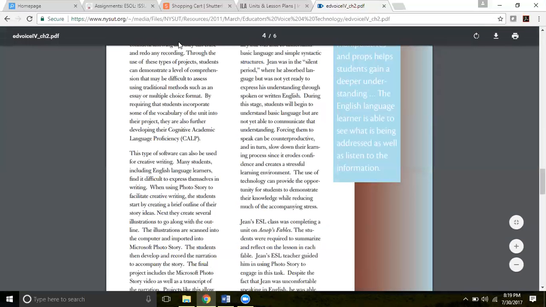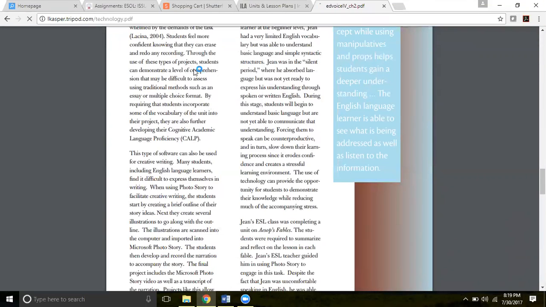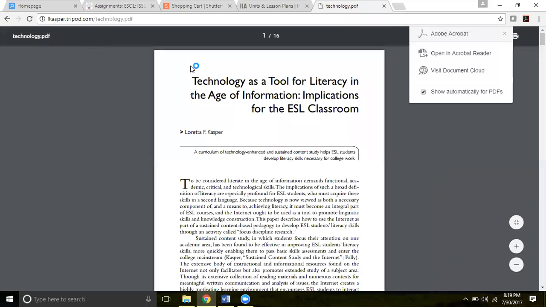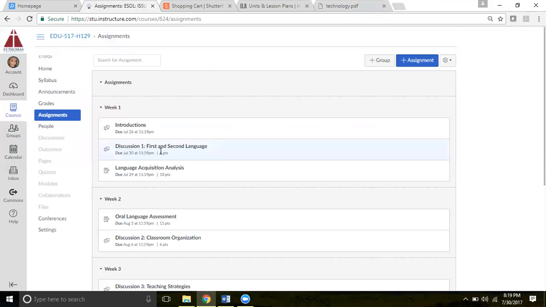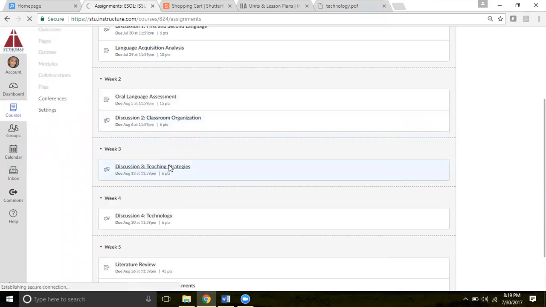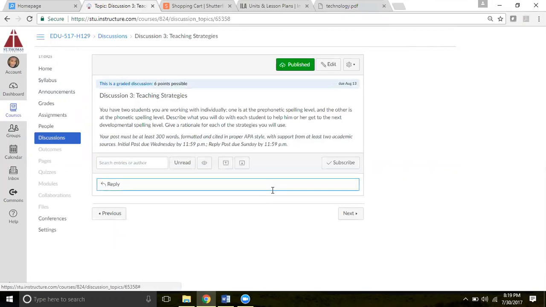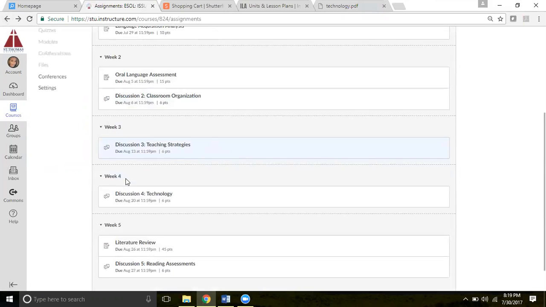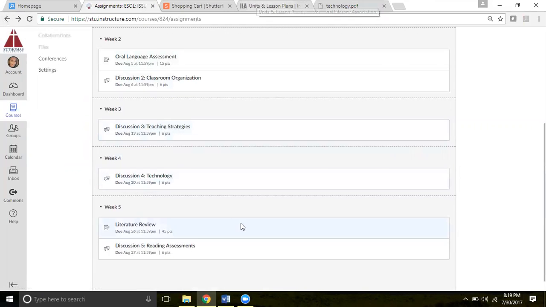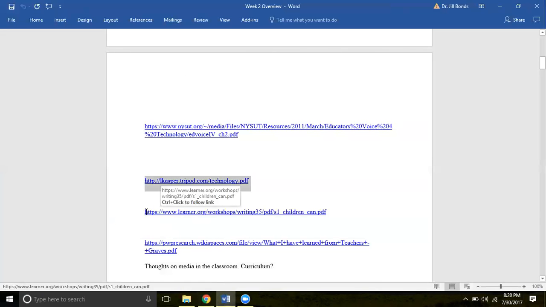And you'll notice that these technology resources will be perfect for our discussions on technology. Next is technology as a tool for literacy in the age of information. Once again, when it comes to discussion 3, this is where you can really start to understand, and discussion 4 is technology as well. So go ahead and feel free to use these.